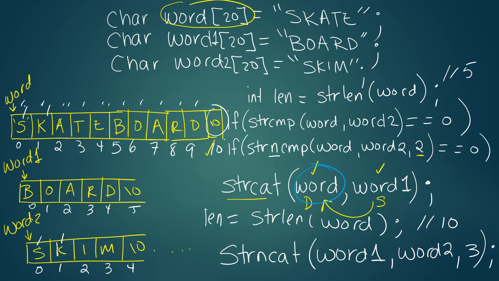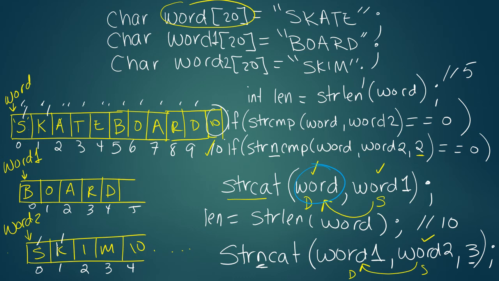So after this strncat, it has a third argument. Again, it's the same direction. This is the destination and this is the source. So the source will not be modified. It will stay the same.